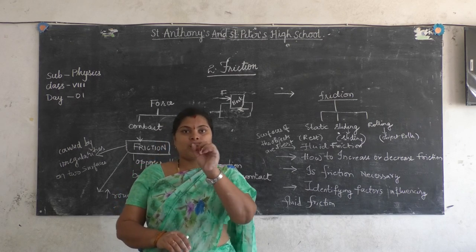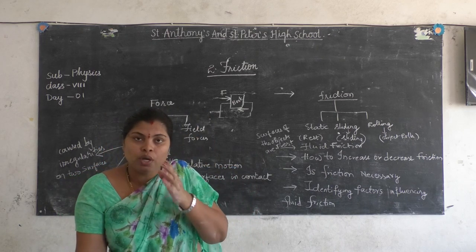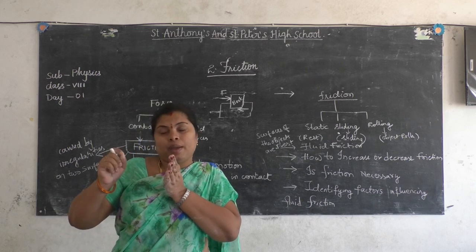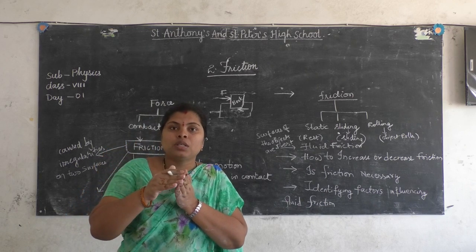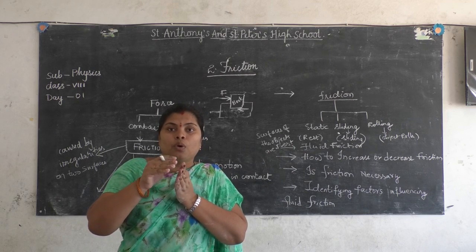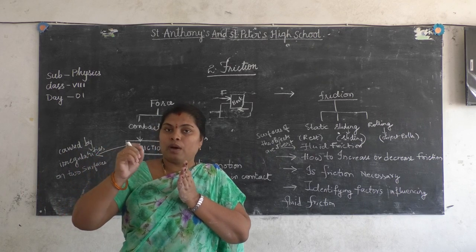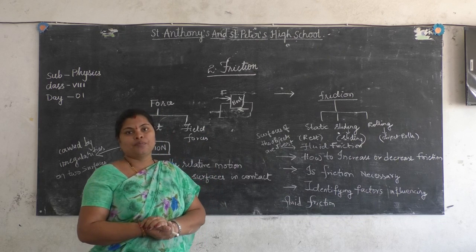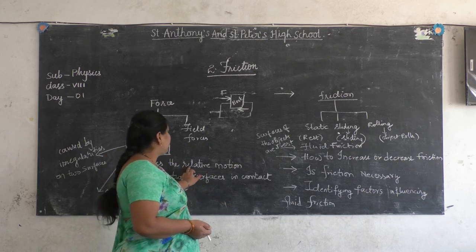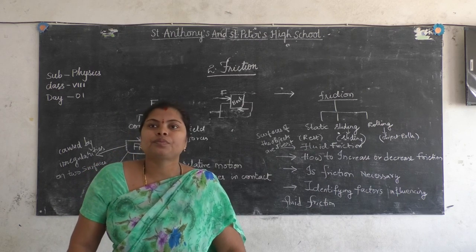So always I say a body is in motion or at rest only with respect to something. I am comparing whether it is at rest or in motion only with respect to another object. So that's the reason I say it opposes the relative motion.